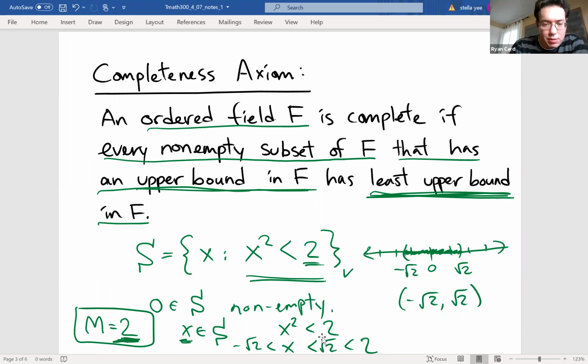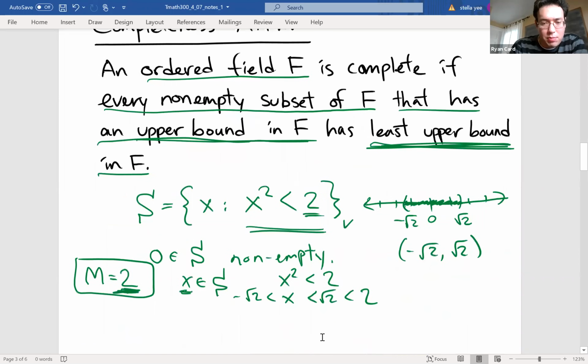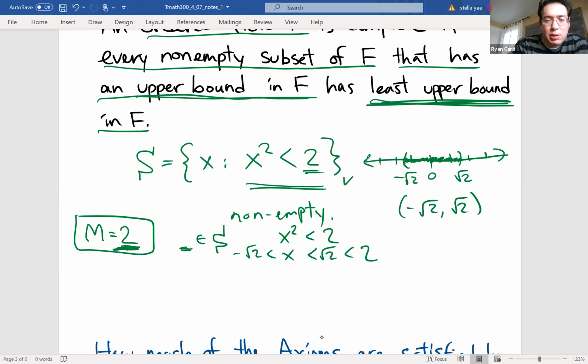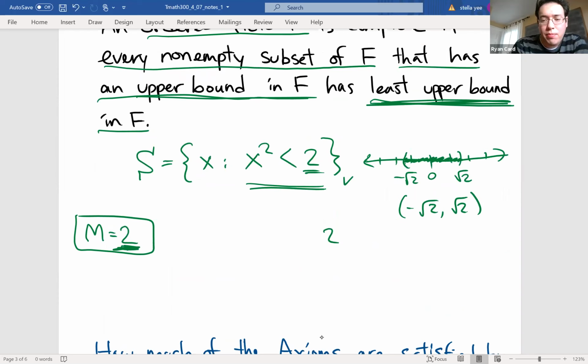Sorry, I'm going to have to erase some of this. 2 is an upper bound of this set, but 1.9 is also an upper bound, and 1.8 is an even smaller upper bound, and you can get closer and closer to the square root of 2 without actually going under it.